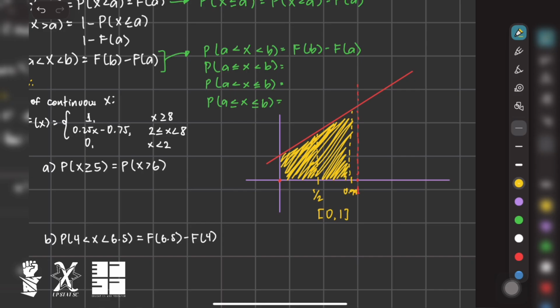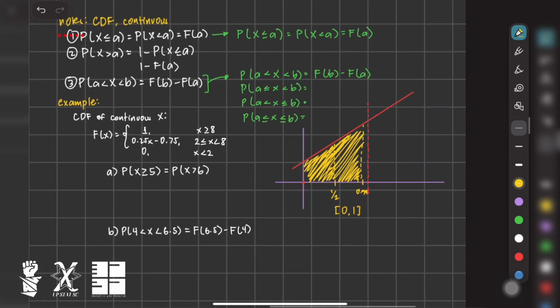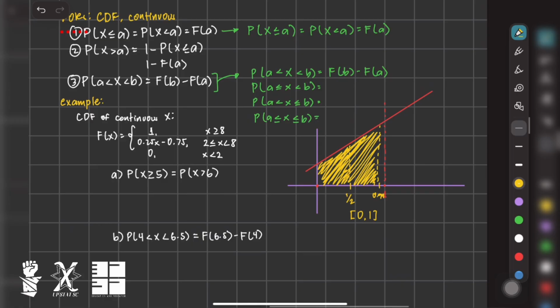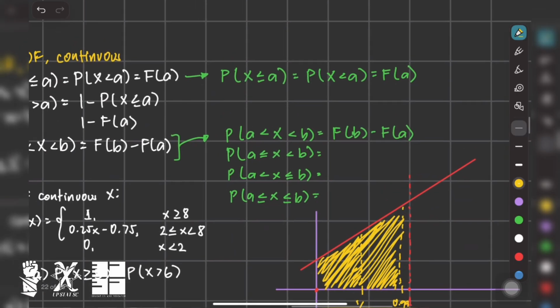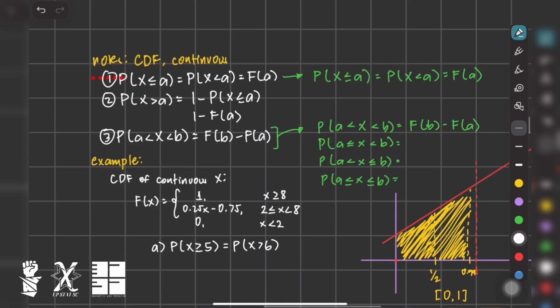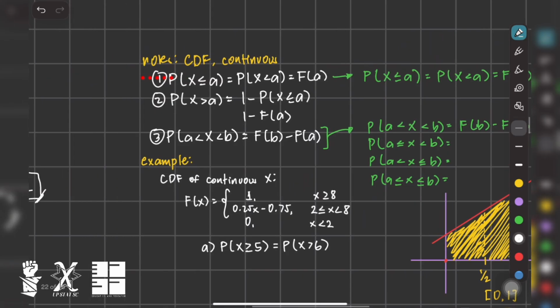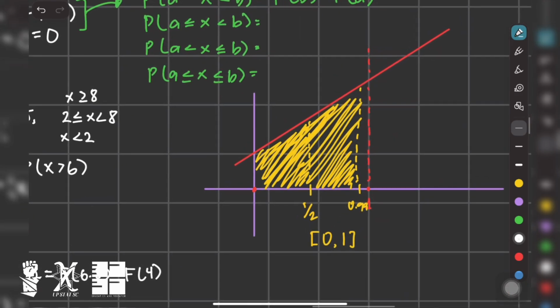Okay, so note as well that for a cumulative distribution function that is continuous, I forgot to note here as a number 4, let's put it here, that the probability that your continuous random variable is equal to a is 0, because you cannot have an area of just a line.